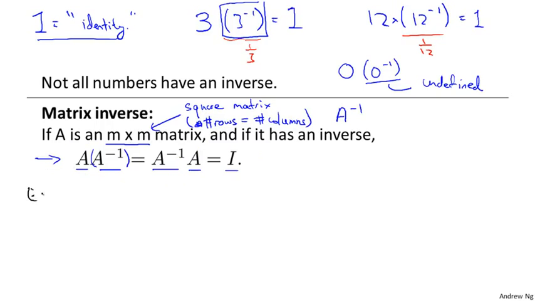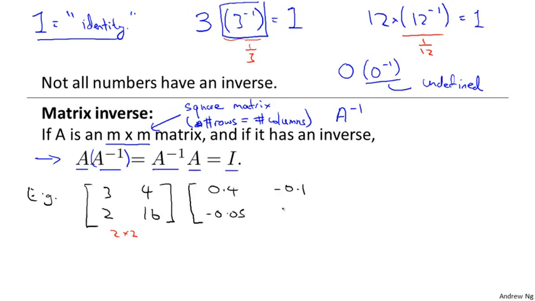Let's look at a concrete example. Let's say I have the matrix 3, 4, 2, 16. This is a 2 by 2 matrix, so it's a square matrix, and so this matrix could have an inverse. It turns out I happen to know the inverse of this matrix is 0.4, minus 0.1, minus 0.05, 0.075.